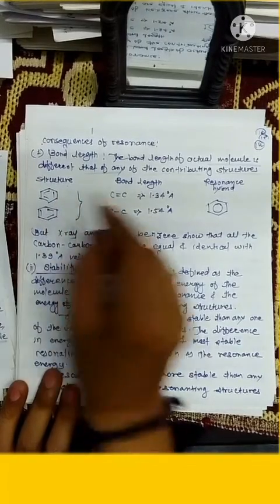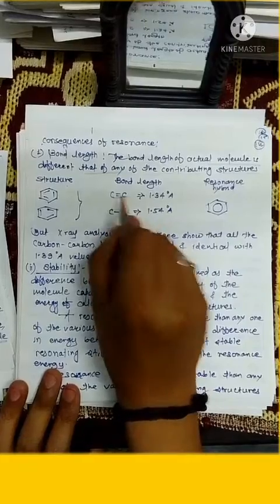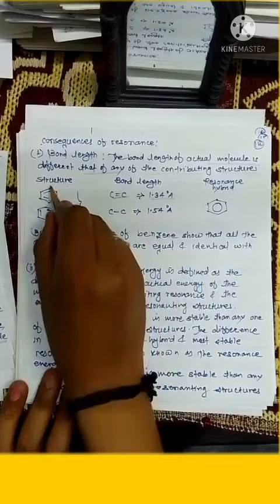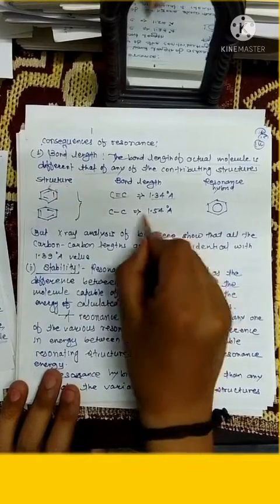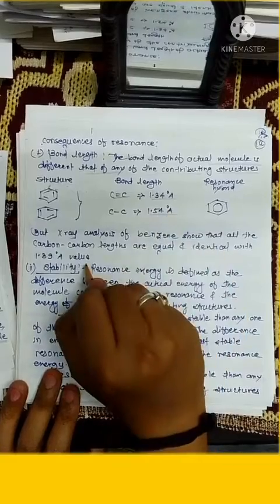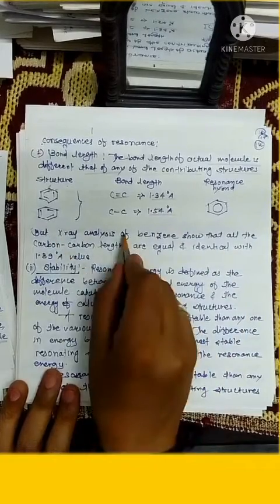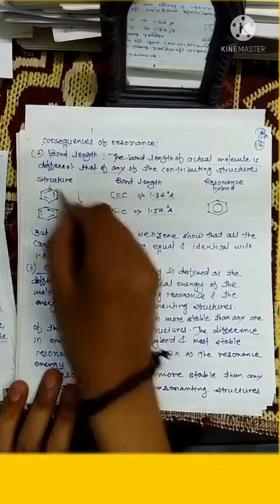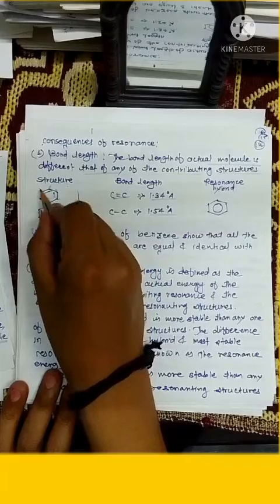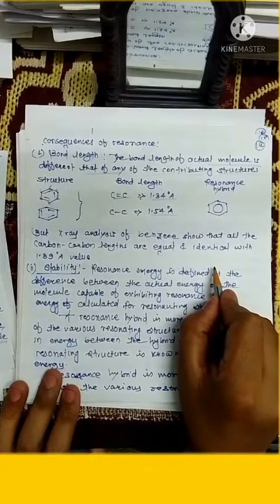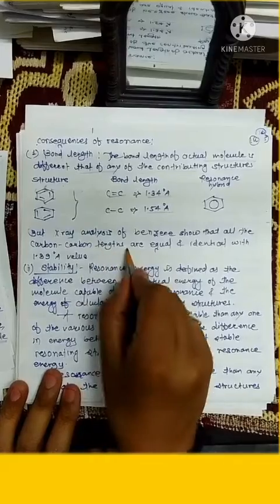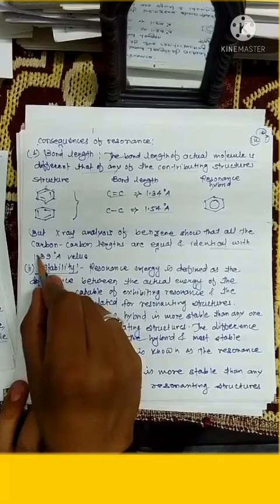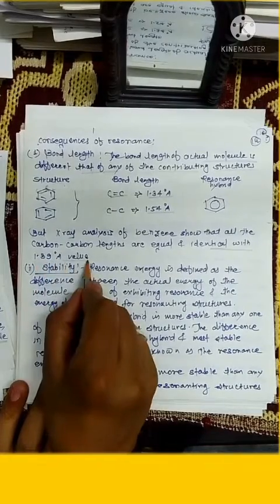The carbon-carbon double bond length is 1.34 Angstrom and the carbon-carbon single bond length is 1.54 Angstrom. But X-ray analysis of benzene shows that all the carbon-carbon bond lengths of these 6 bonds are equal and identical, having a value of 1.39 Angstrom.